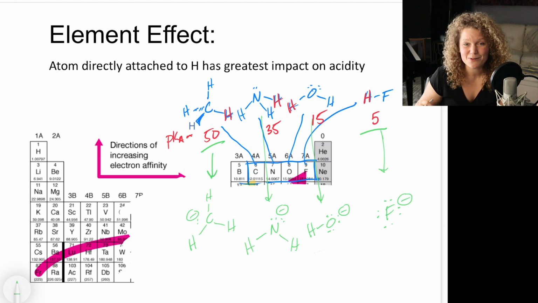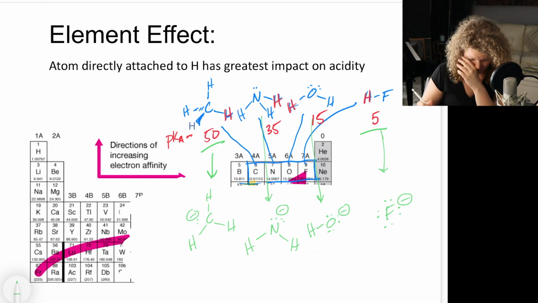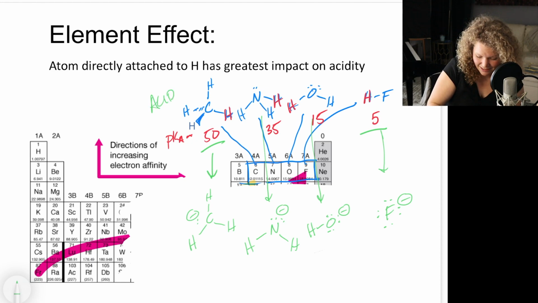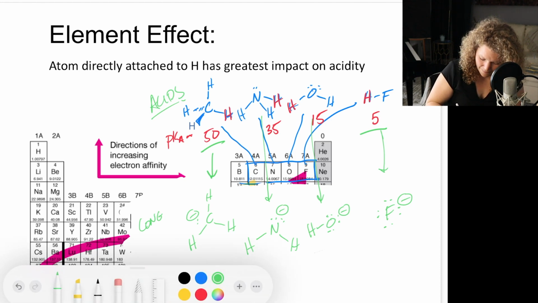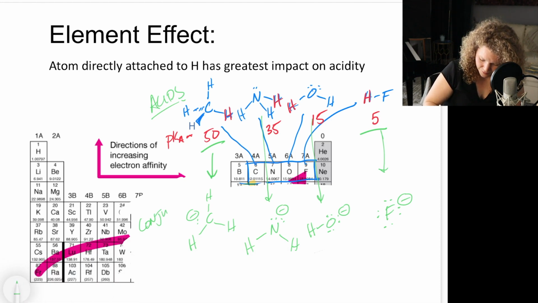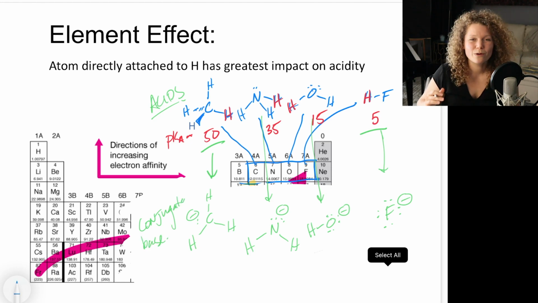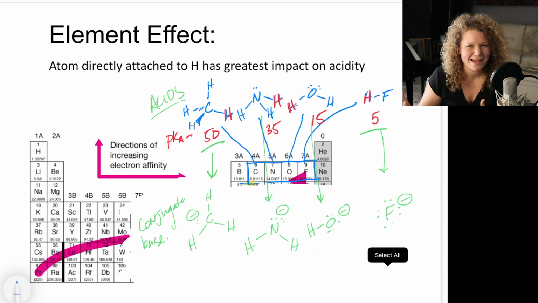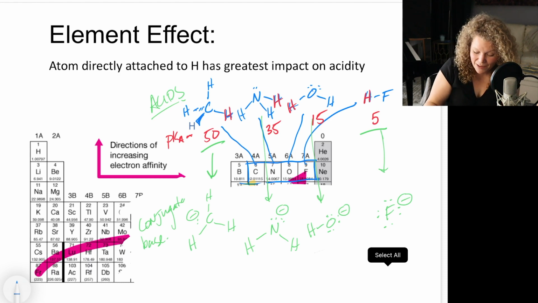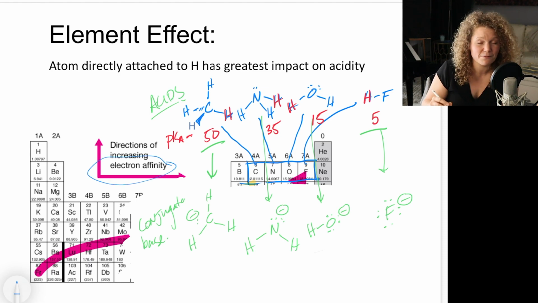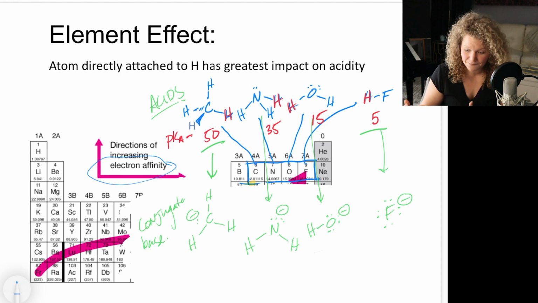When I look at these 4 conjugate bases, remember these are acids. And when you remove the proton, these are now called conjugate bases. We're really looking at, can this atom hold the negative charge? Is it cool with losing that proton? One of the best ways to look at this is electron affinity or electronegativity.